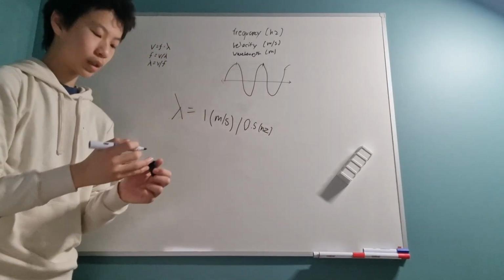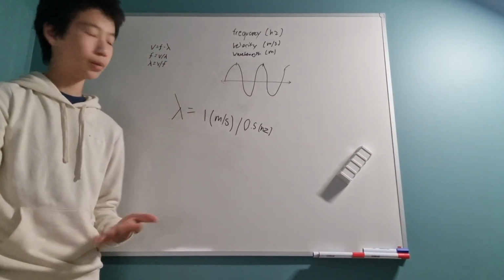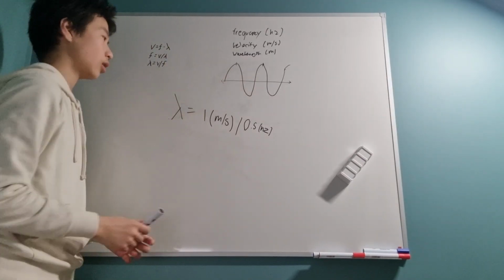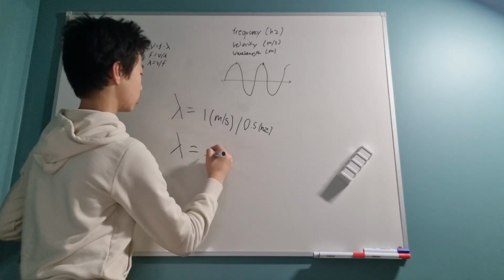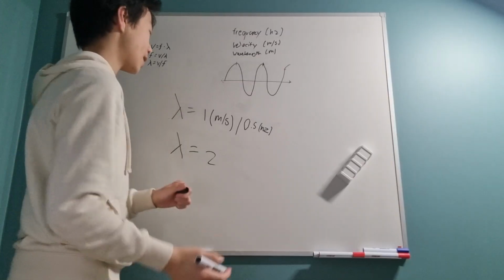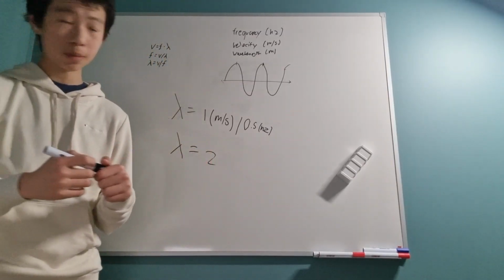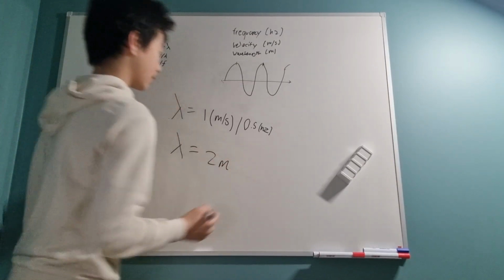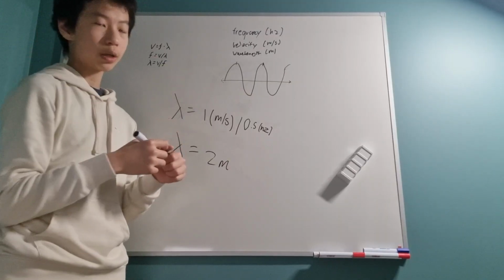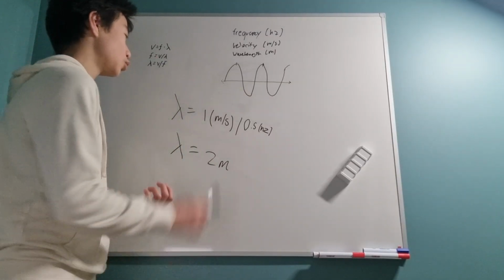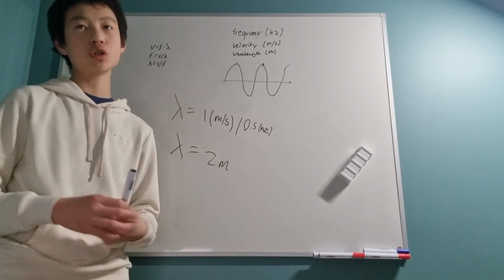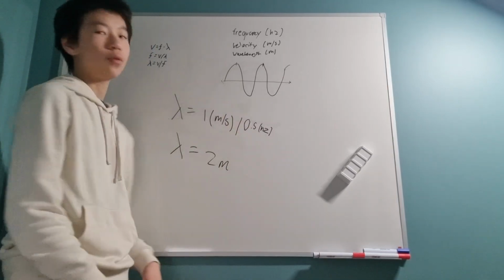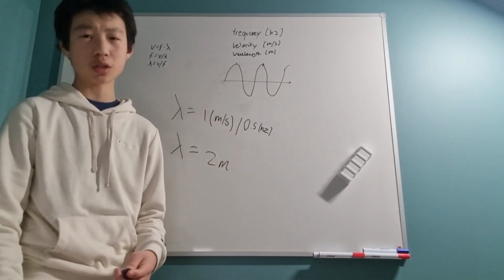So what we do here is obviously we just calculate it, equals 2, and because the wavelength is written in meters, we write meters. So how does this work? Basically, you have 1 meter in a second, which is the unit, and then you have the hertz, which measures the cycles.